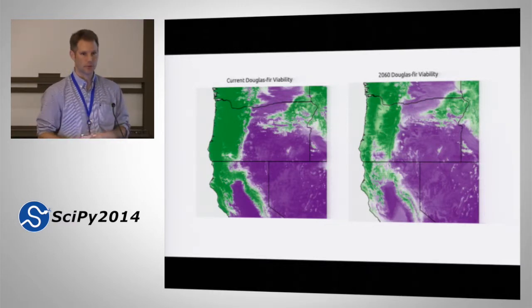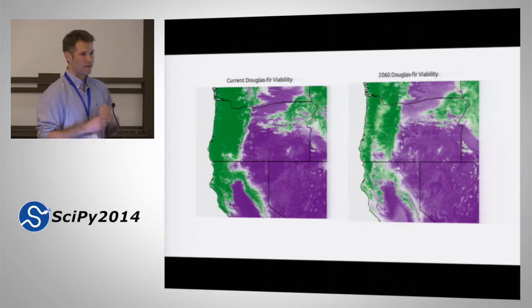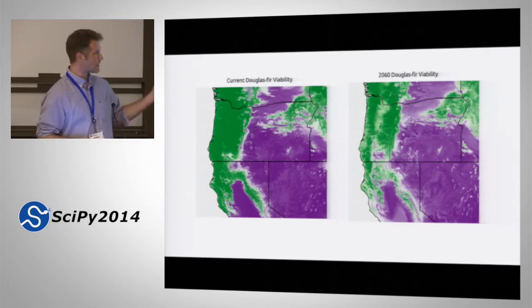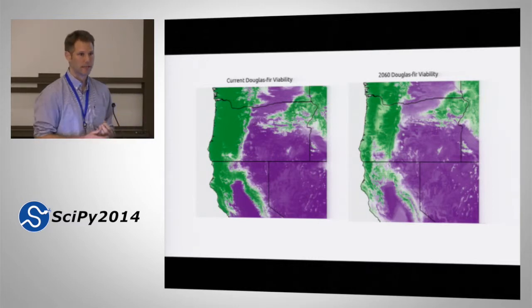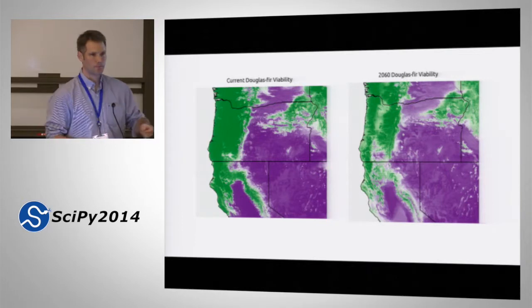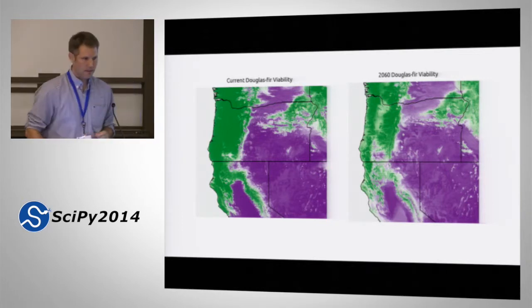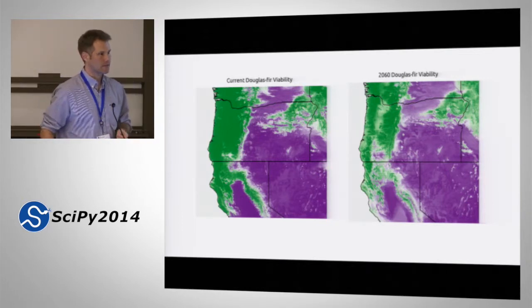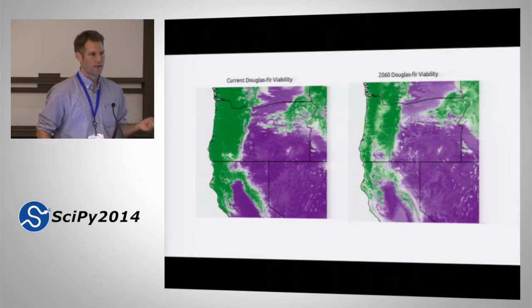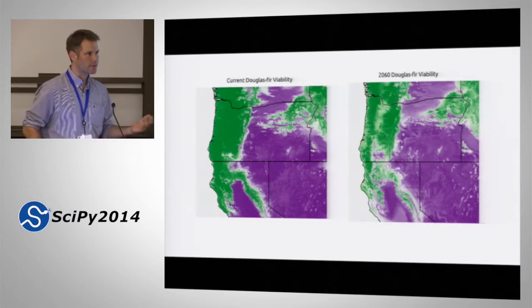The southern range contracts severely, and some of the range is fine. It stays green. So if you're a forester working in those areas where it stays green, you might be less vulnerable to climate change than if you're going from green to purple. So despite the fact that you can't deterministically say your Douglas fir is going to die in 2060, you can say that there's a higher risk, and so it's a relative vulnerability.